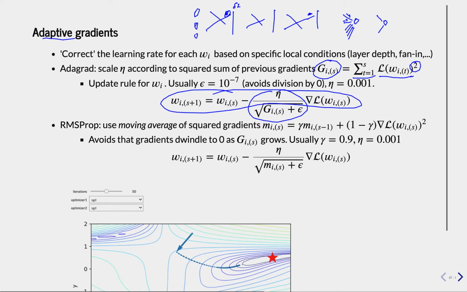So if it deals with large gradients, then we reduce the learning rate. So that's why we do n over G. If it deals with very small gradients, then this will be small. We want this learning rate to increase. Right?